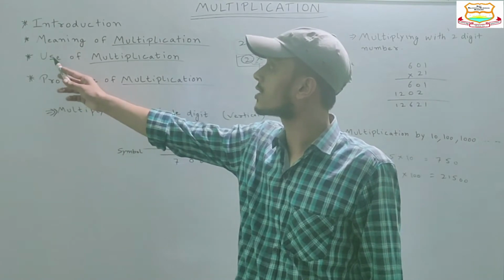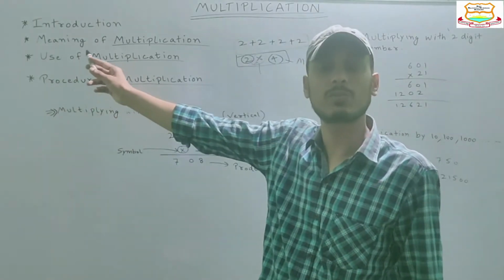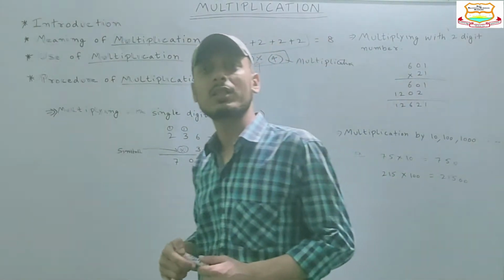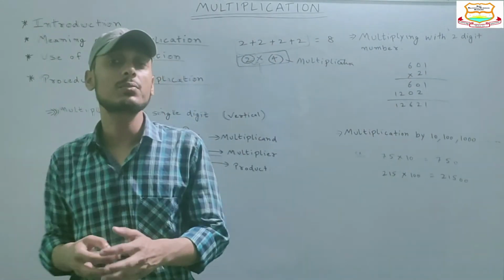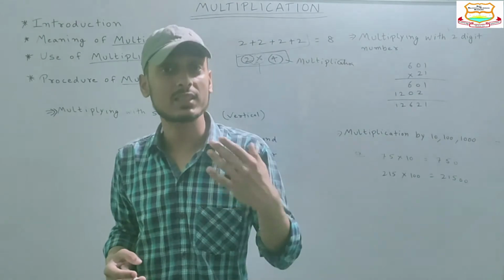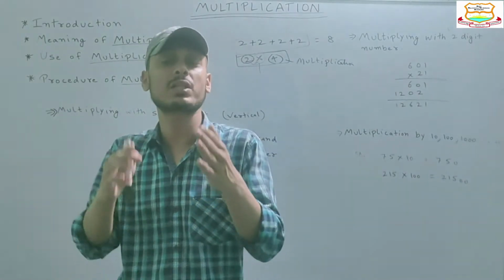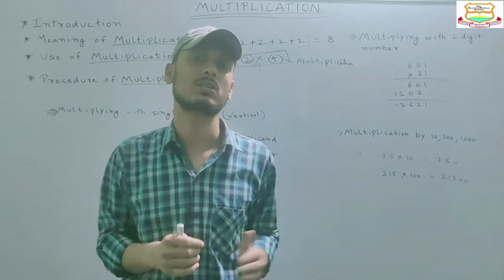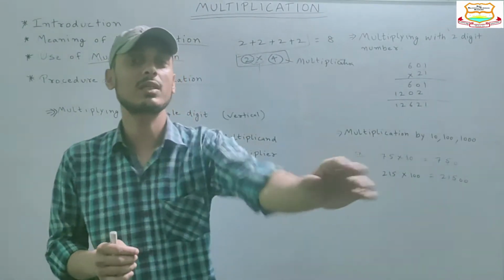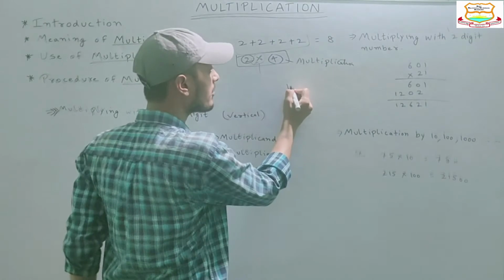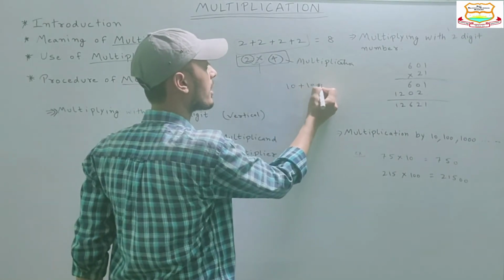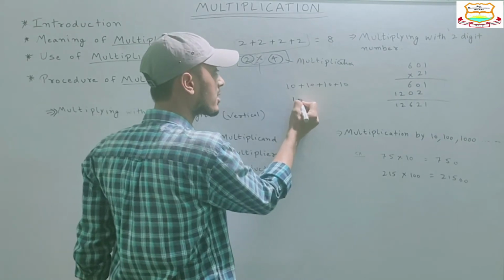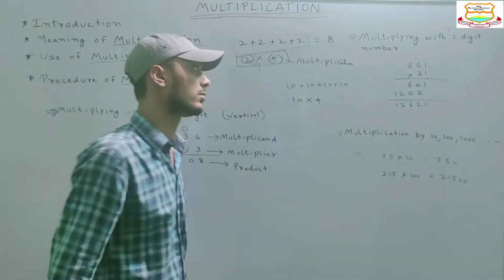Now the question arises, what is the use of multiplication? It is so simple. Multiplication is used in the case in which some particular digit is being added repeatedly again and again. For example, if 10 is added again and again, 4 times, then it can be written as 10 into 4.